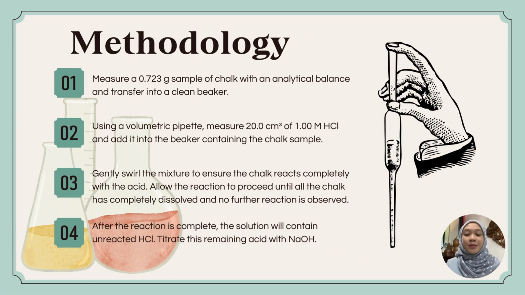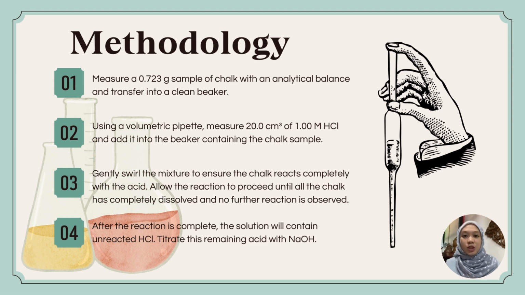So, here we come to the methodology. First, measure a 0.723 gram sample of chalk with an analytical balance and transfer it into a clear beaker. Using a volumetric pipette, measure 20 cm3 of 1 molar hydrogen chloride and add it into the beaker containing the chalk sample.